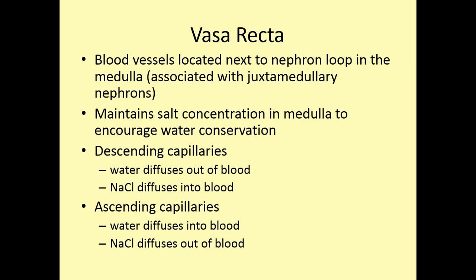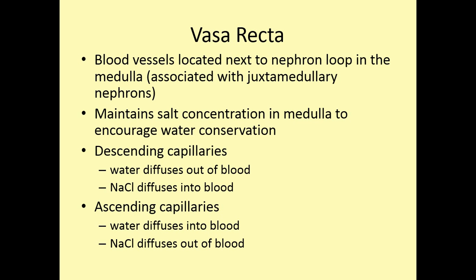But about 20% of your nephrons are juxtamedullary nephrons, which means that they have a very long nephron loop that extends deep down into the medulla.